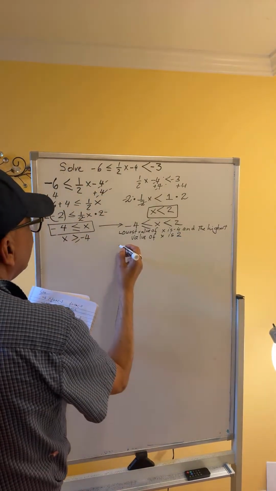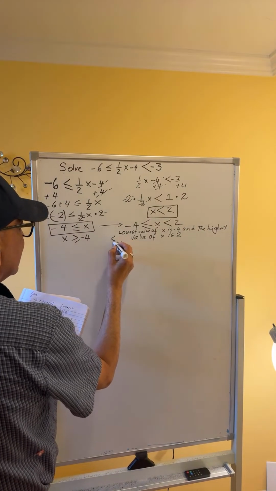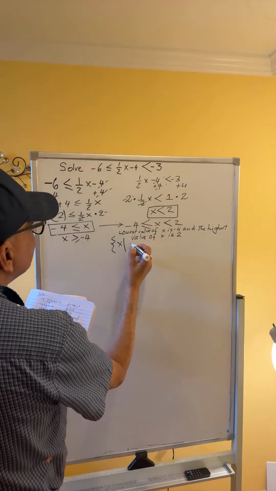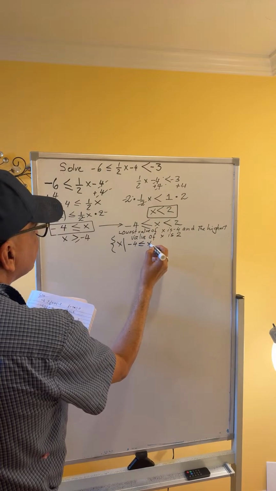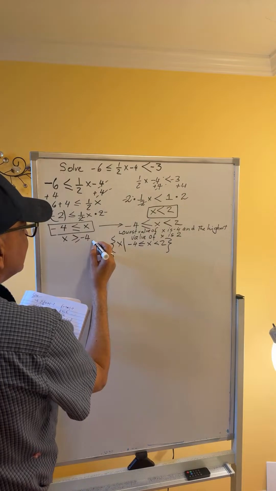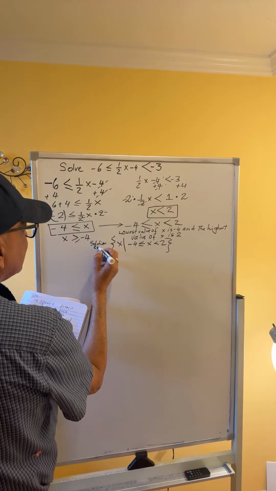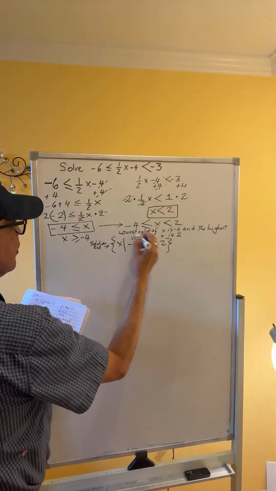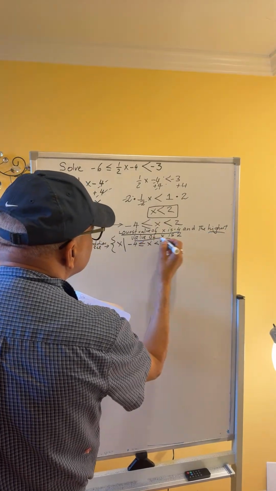You write this as solution is a set of numbers x, and you always put the parenthesis such that minus 4 less equal to x less than 2. This is your solution set. Set means a set of numbers, right? So the lowest value of x is minus 4 and the highest value of x is 2.